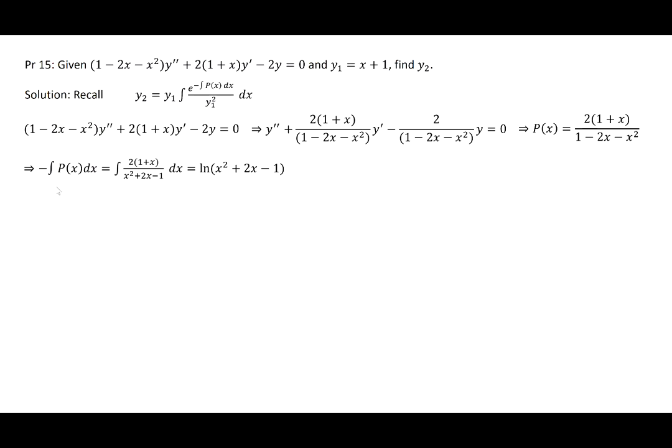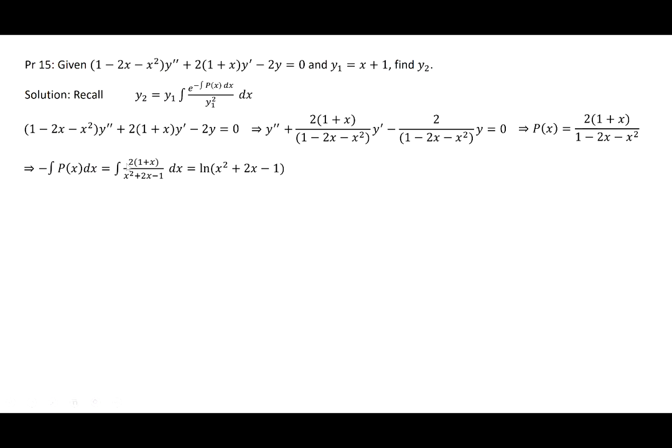Now notice what I did here. To integrate negative integral of p of x dx, you plug that p of x into the integral. But what happened to the negative sign? Well, I used that negative sign to multiply the denominator. Or maybe see if this would make sense. I'm supposed to have a negative sign, right?